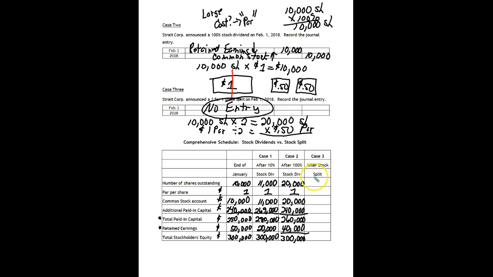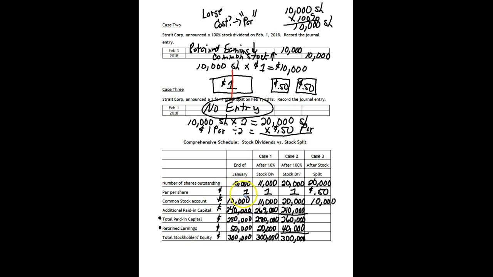And here's why. After we split it, there will be 20,000 shares of stock. The par value is now 50 cents. 20,000 shares at 50 cents is $10,000. Well, let's go back to our original data. That's what's in the common stock account already.